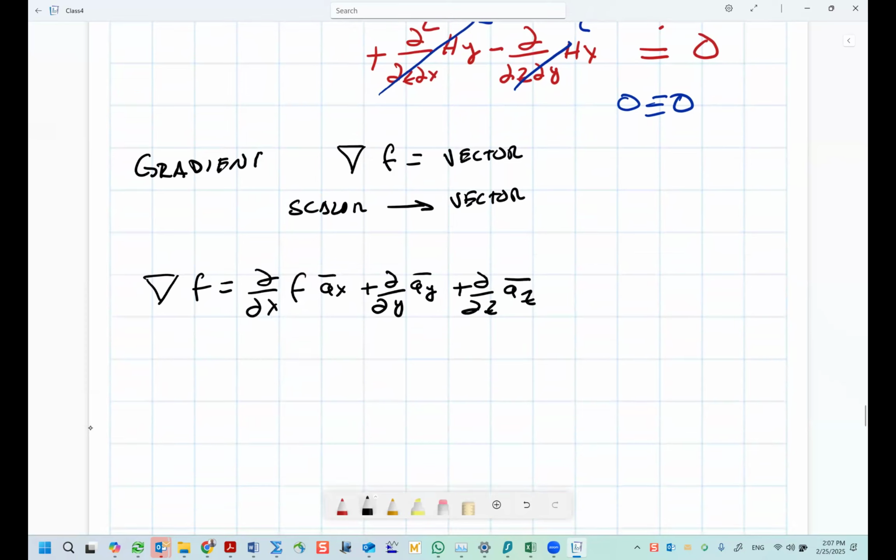And the gradient has all sorts of physical interpretations. Perhaps the most important one is that if you have a function, the gradient is the slope of the function at a given point. So that's what the gradient will give you. This is the gradient of that function at this point, because it is coming from a derivative, and we know that the derivative is a tangent at a point.